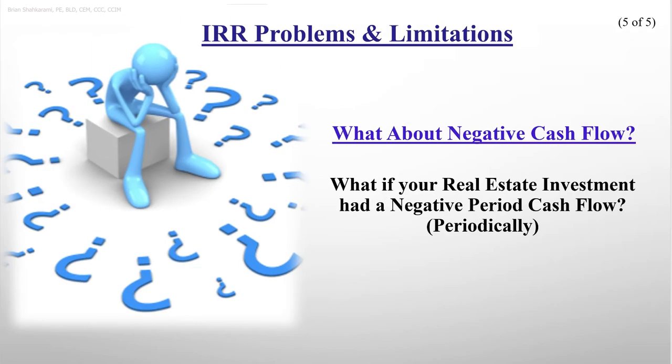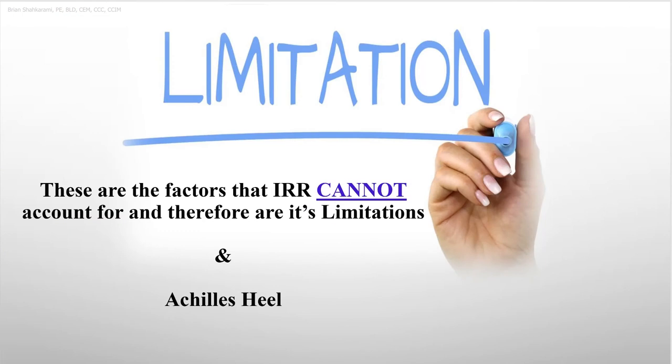If you have a major expenditure, let's say roof and or HVAC, which eats into your positive cash flow and then some, forcing you to inject capital into your property to resolve the issue, which may result in a negative cash flow. How do you account for that? These are the Achilles heel of the internal rate of return, or the IRR. They're factors that the IRR just cannot account for, and therefore its limitations.